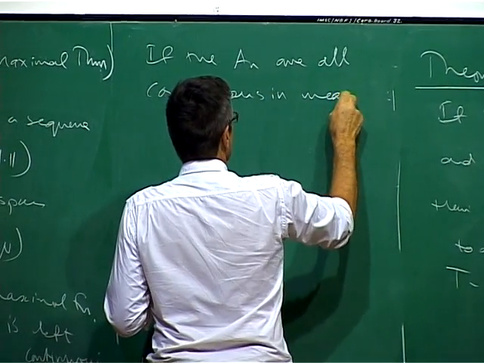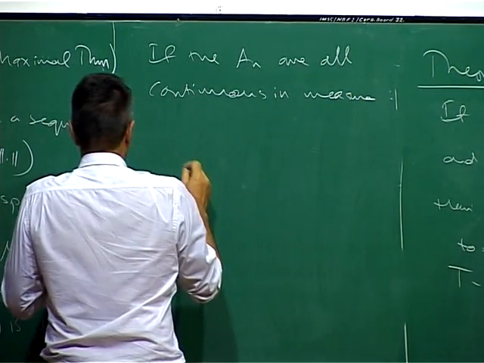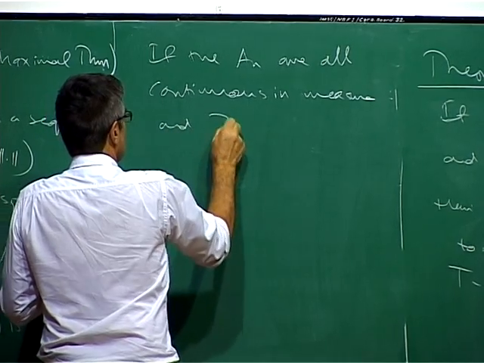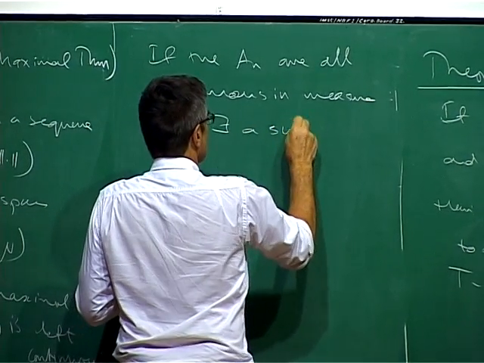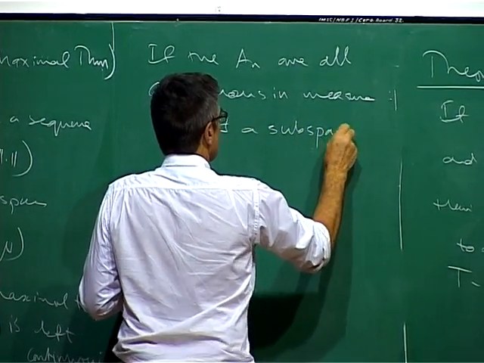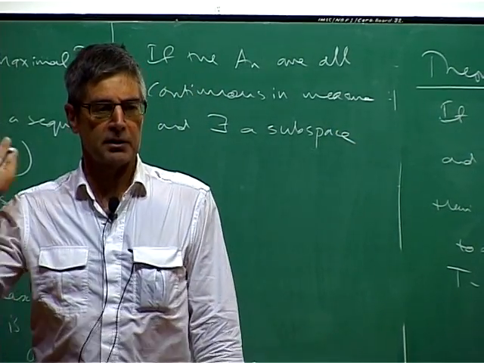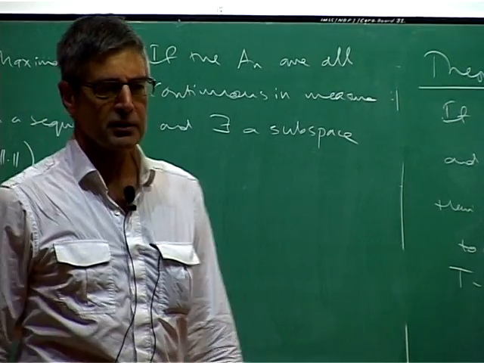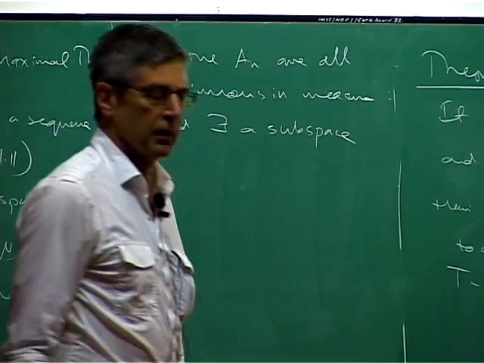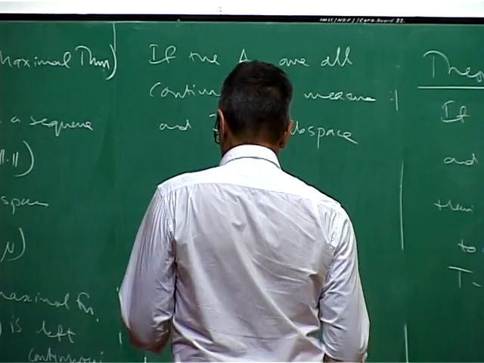So if the A_n are all continuous in measure and there exists a subspace, sorry, this is very technical, but when we get to amenable groups and Følner sequences, I'll just say this follows from this theorem. So I think it's important to write that up so you can see the kind of assumptions we've got here.